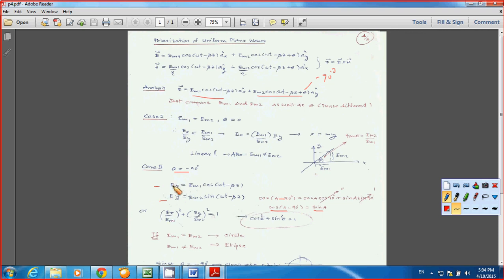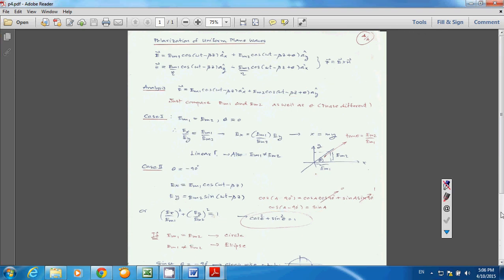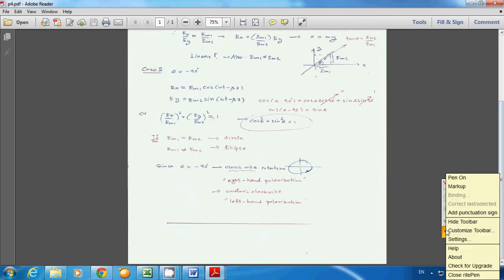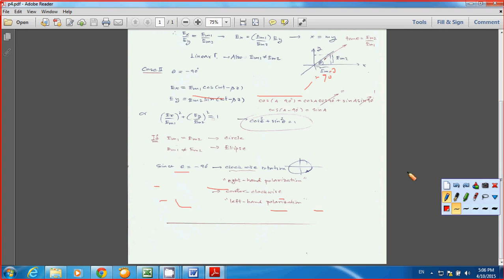And you can tell the relation: EX square over EM1 square is cosine square, and EY over EM2 square is going to be sine square. When you add them up, you know the property cosine square plus sine square equals 1. So this simply looks like an equation that you are familiar with.